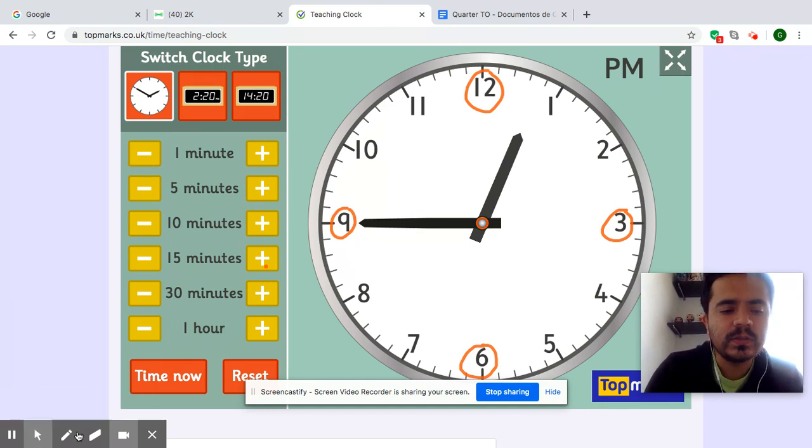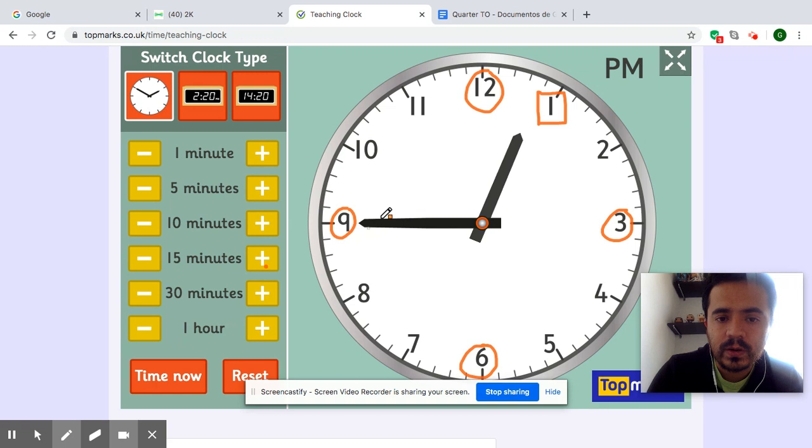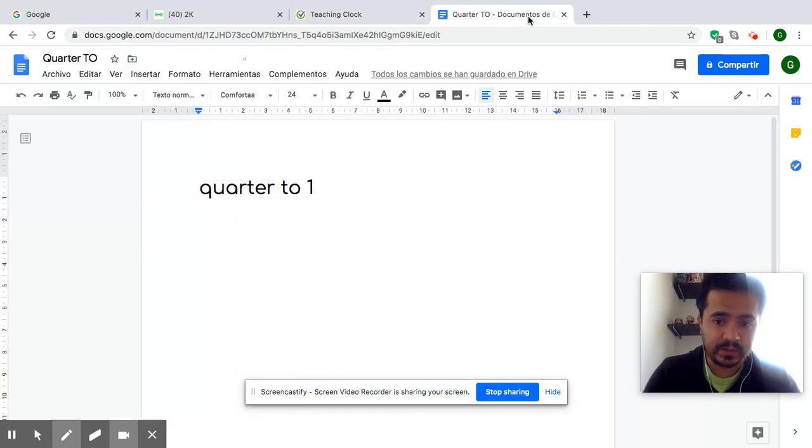If you think about it, which is the closest hour? If I'm standing right there, which one is the closest hour? Okay, it will be the 1, right? How do I write this? I already wrote it here with letters, but how do you write it with numbers?